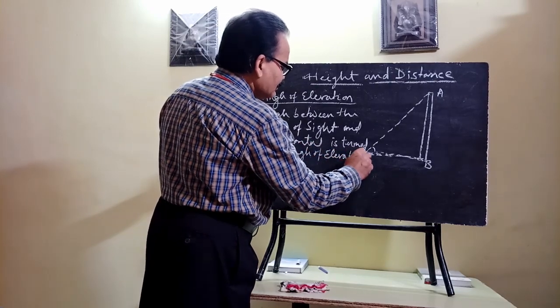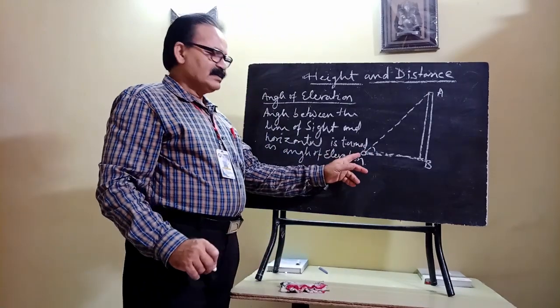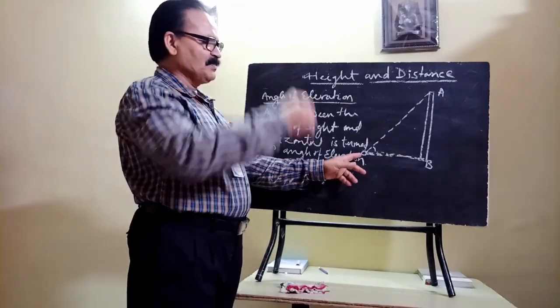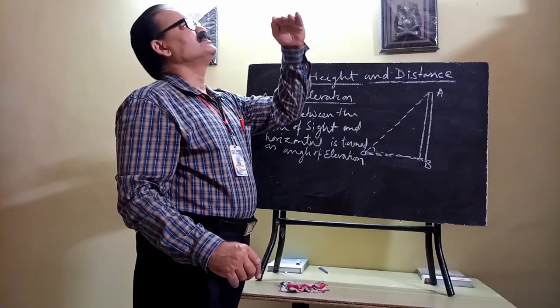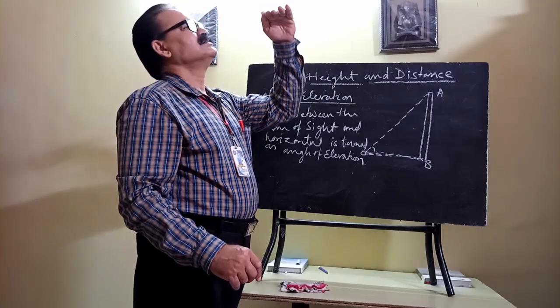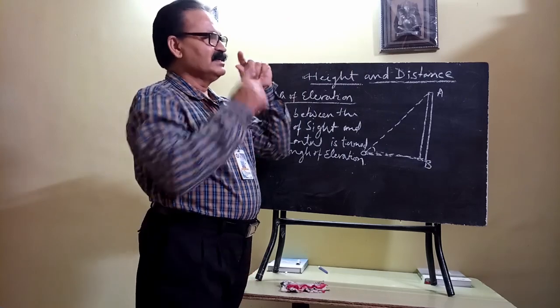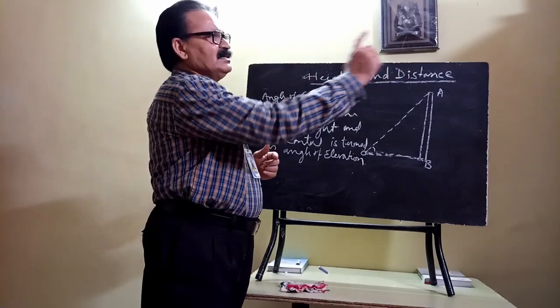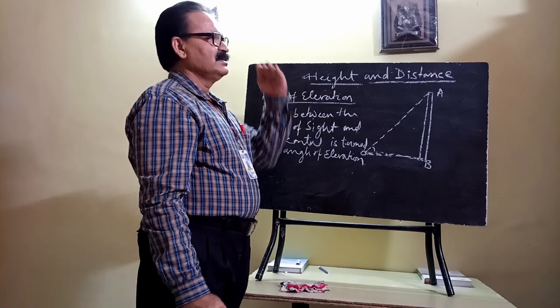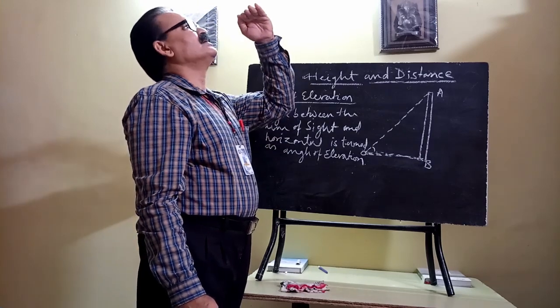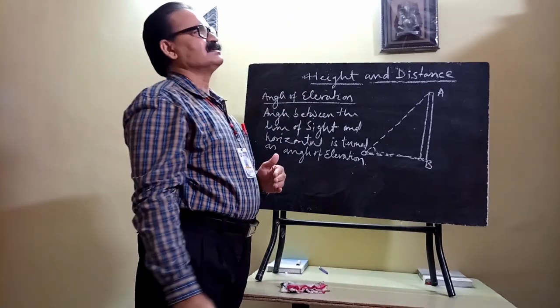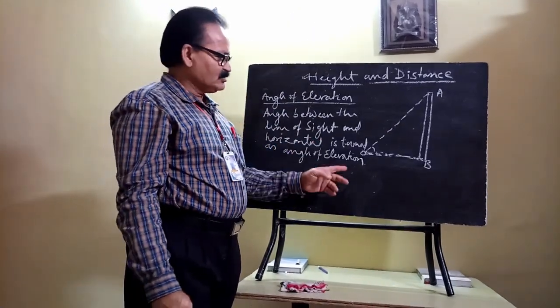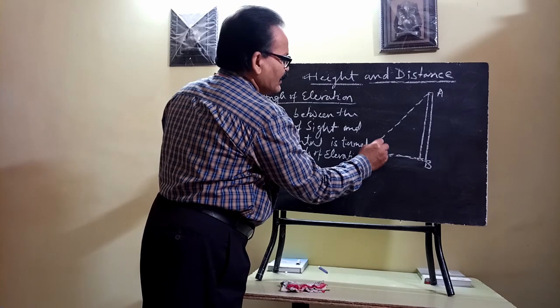When a person wants to see the top of a building, his line of sight has to be raised upward from the horizontal level. This is the horizontal level of the eyesight of the person. So he has to elevate the line of sight up to a particular angle. So that is the angle of elevation.